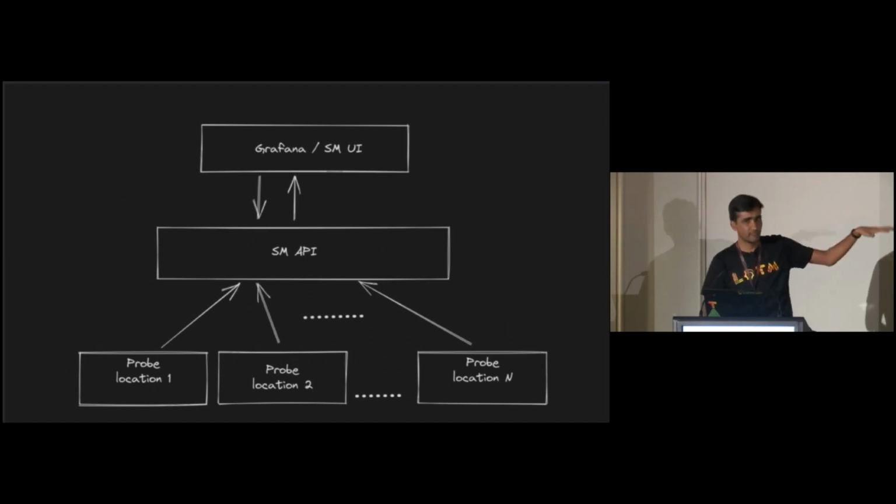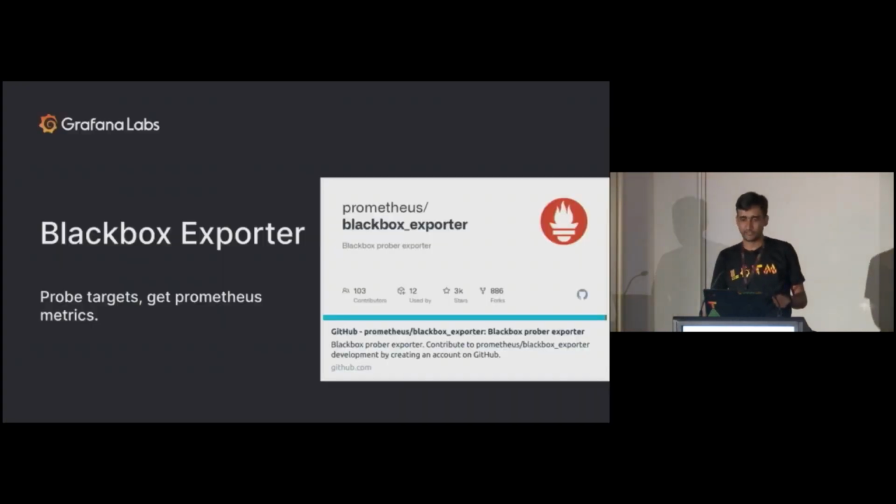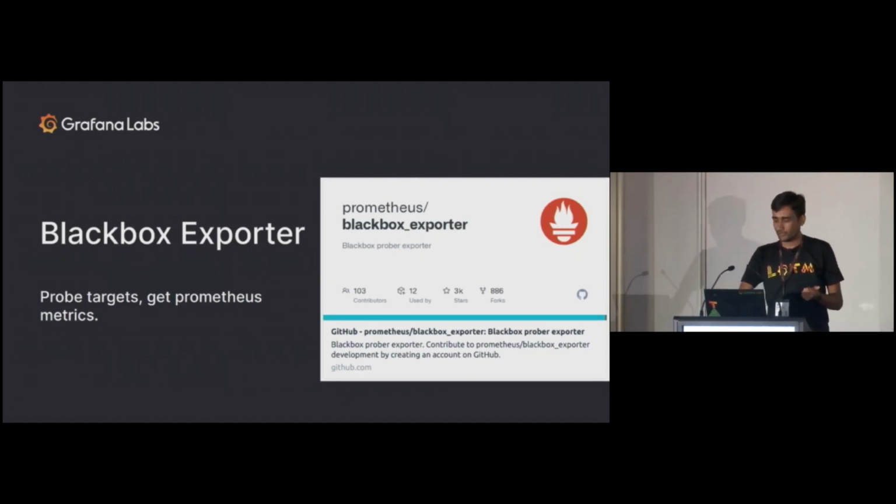So this is a brief architecture of the product. And then Blackbox Exporter, right? So I talked about probes, and these probes are doing different types of checks. Blackbox Exporter is a popular open source system in the Prometheus ecosystem.